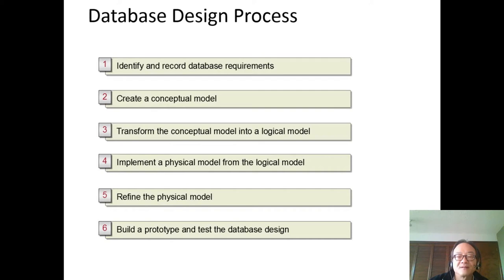Once we are done with the physical design, we will implement the design on a platform that we have selected. Most likely, we will do some prototyping and testing in a test environment before we finally roll out the design to a production environment.